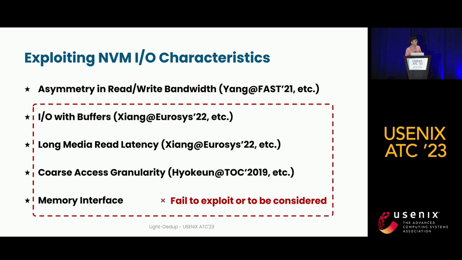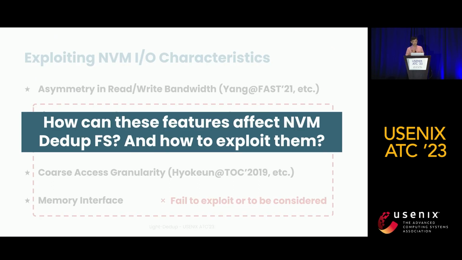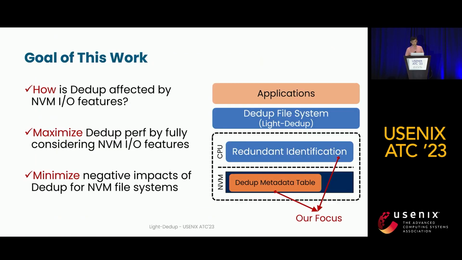However, they fail to exploit or consider the remaining 4 NVM features. How can these features affect an NVM deduplication file system, and how can we exploit them? The goal of our work is to answer these questions, and we mainly focus on 2 important components in a deduplication file system: redundancy identification and the management of the deduplication metadata table.